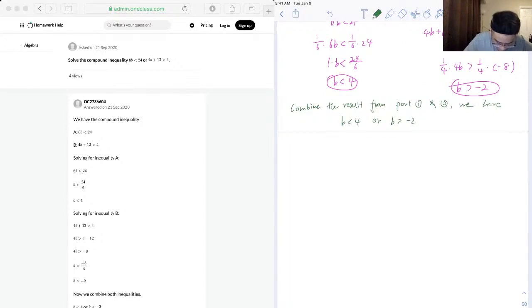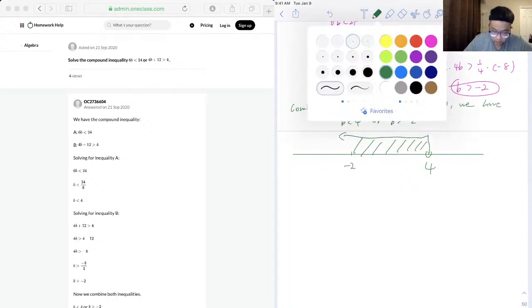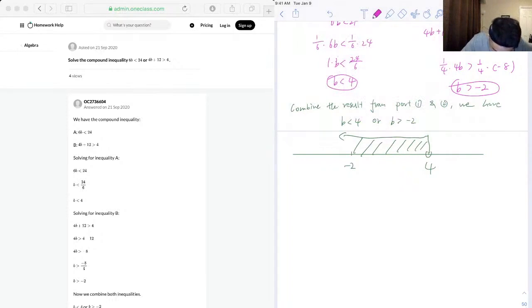And if we present it on a vertical line, it will somehow look like this. So that's negative 2, and that's b. We want b smaller than 4, so that's this area. And we also want b greater than negative 2, which is this area.